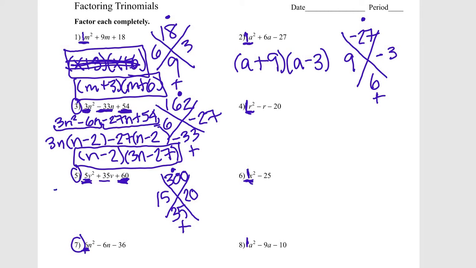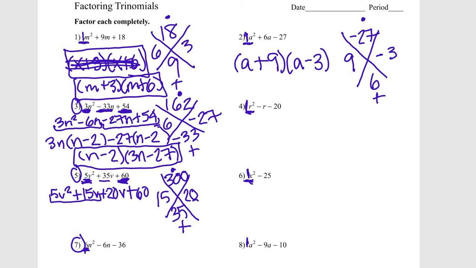So I'm going to rewrite this as 5v squared plus 15v plus 20v plus 60. So I'm writing out 35 as 15v plus 20v.